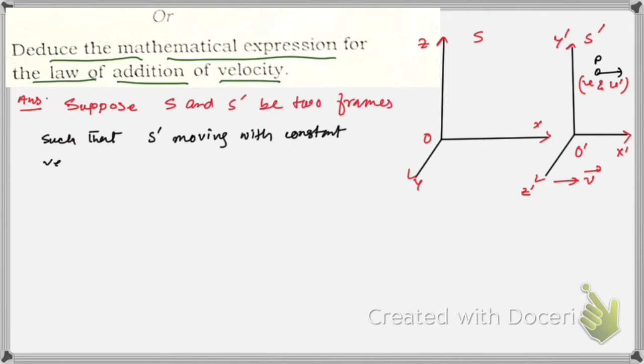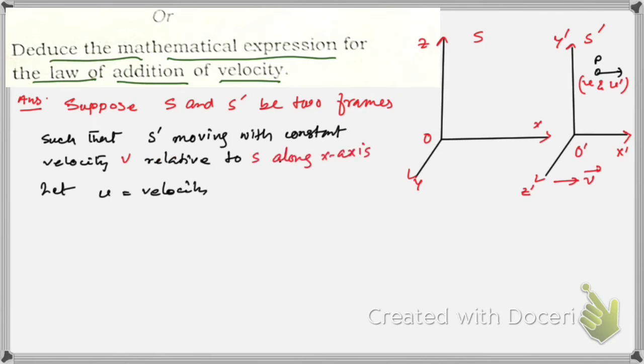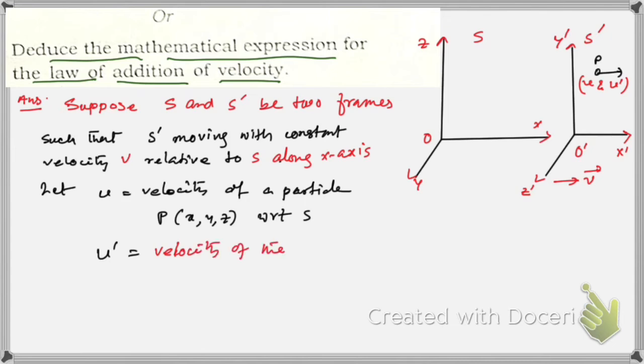So let me write here what we have considered. Now u is the velocity of the particle with coordinates x, y, z with respect to S, and the same for the particle with respect to the frame S dash, right?